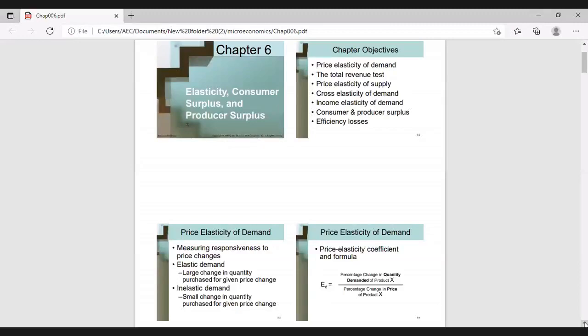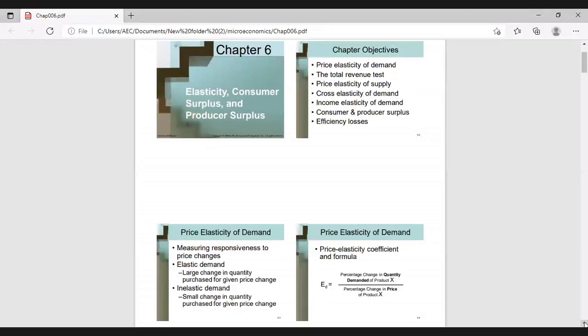And also with time, the response differs. For most products, if the price changes, the consumer responds less within a short period, a few days. Even if the price increases, they don't reduce much the quantity they purchase. But later, they change more.